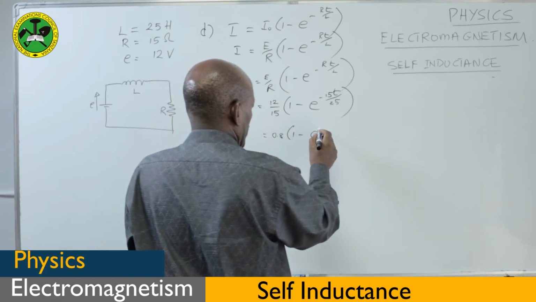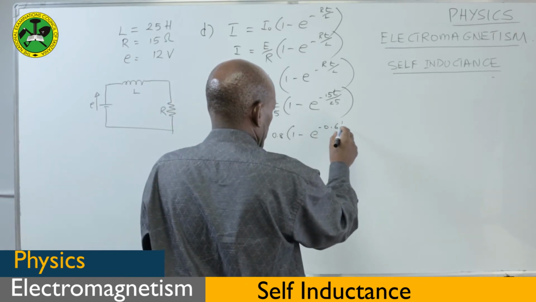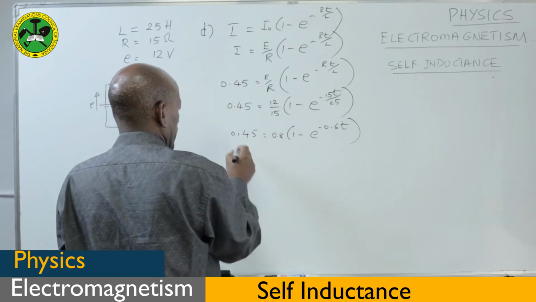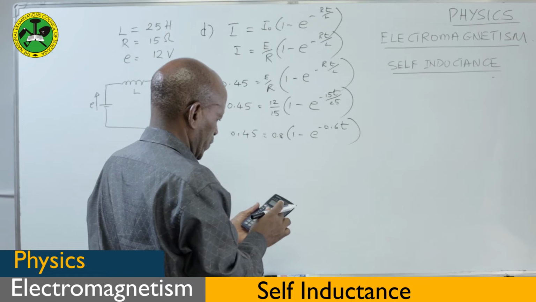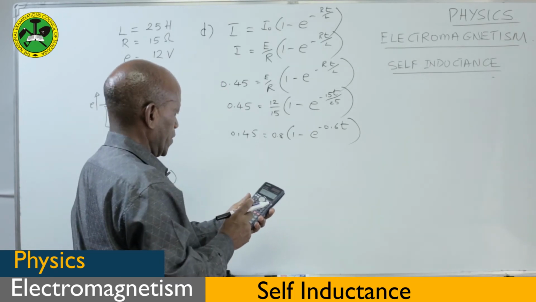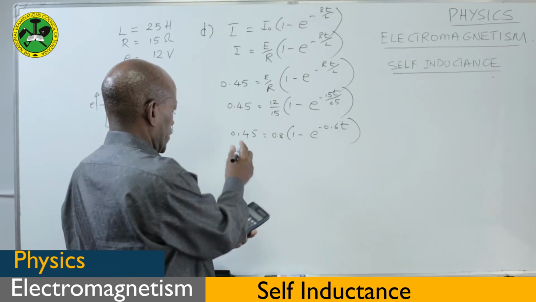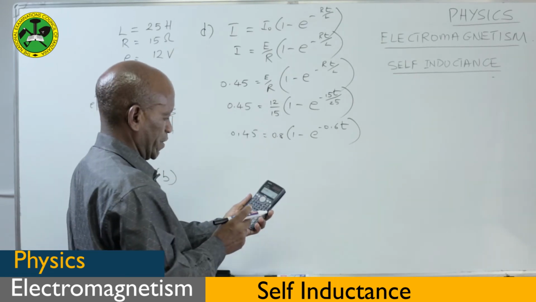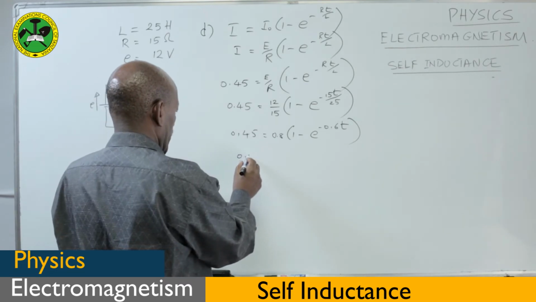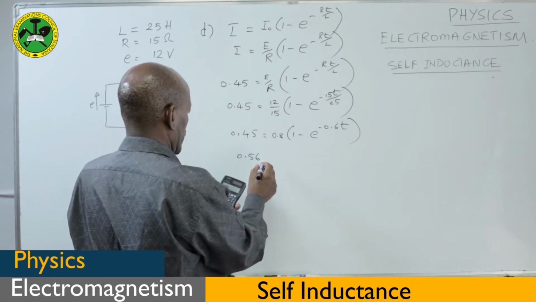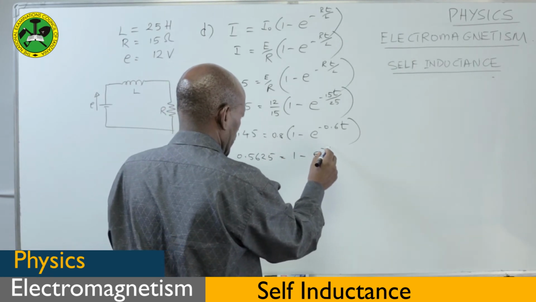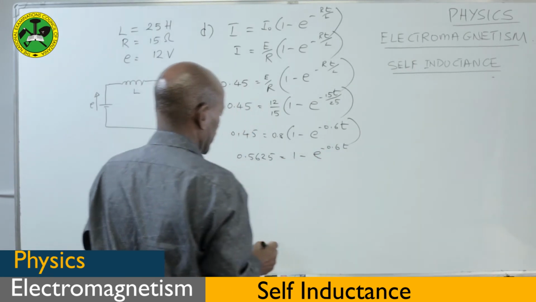This is 0.6t, and this is equal to 0.45. From there, I can take 0.45 divided by 0.8, and I'm going to get 0.5625, equal to 1 minus e to the power minus 0.6t.